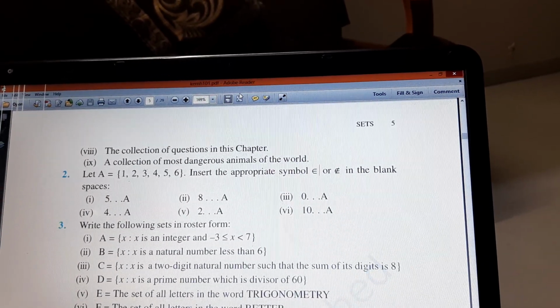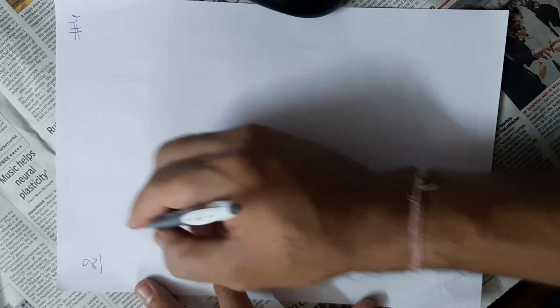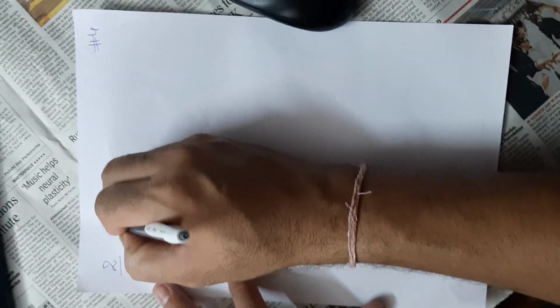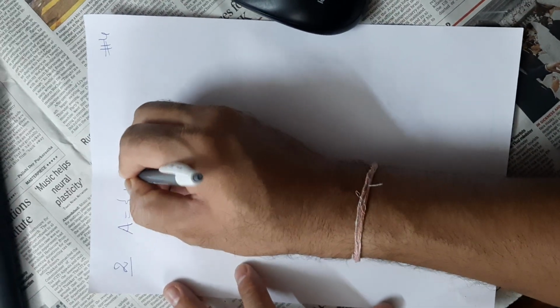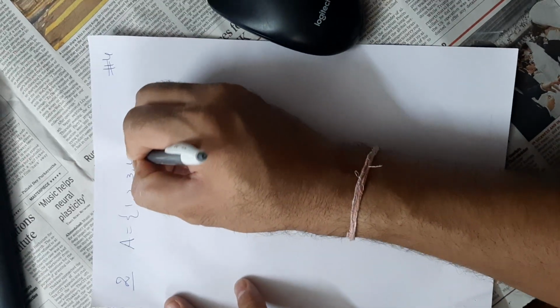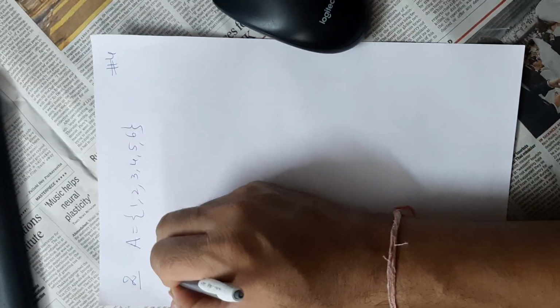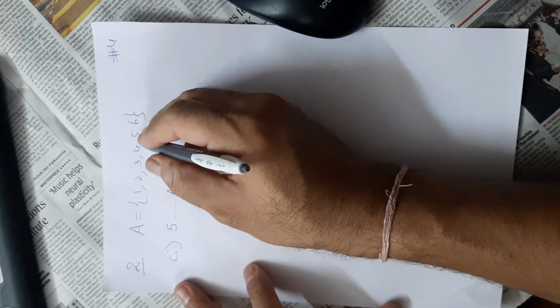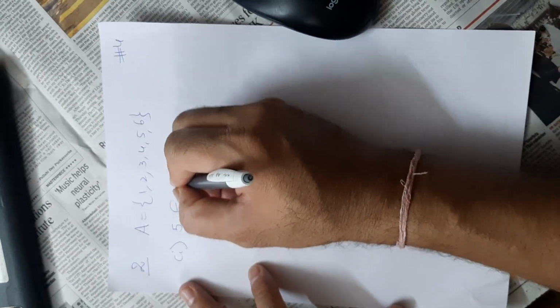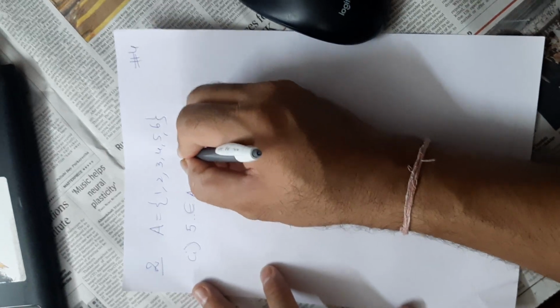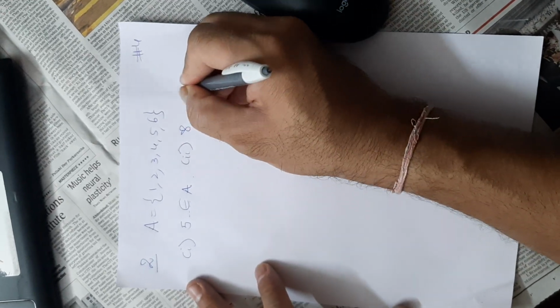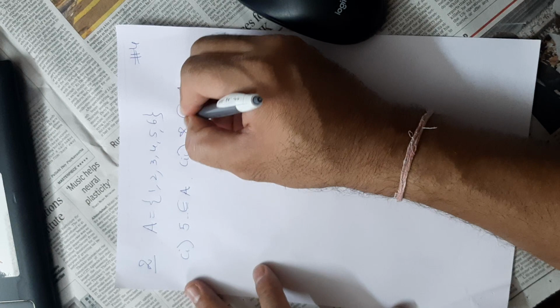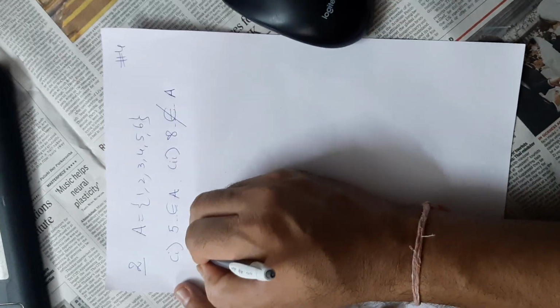So the first question, 5 blank A. 5 is a member of this set, so 5 belongs to A. Second question, 8 blank A. Now 8 is not a member of this set, so it doesn't belong to it.